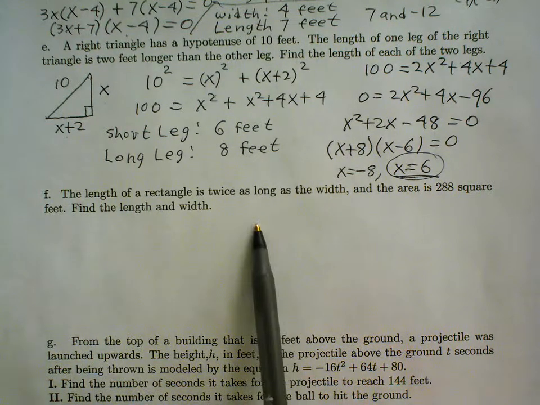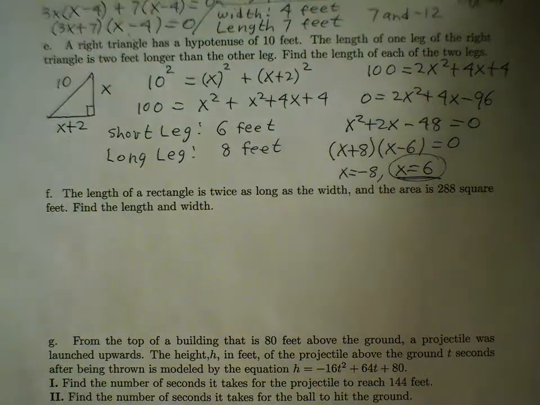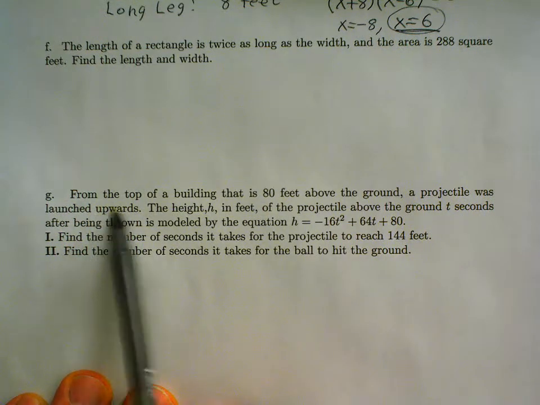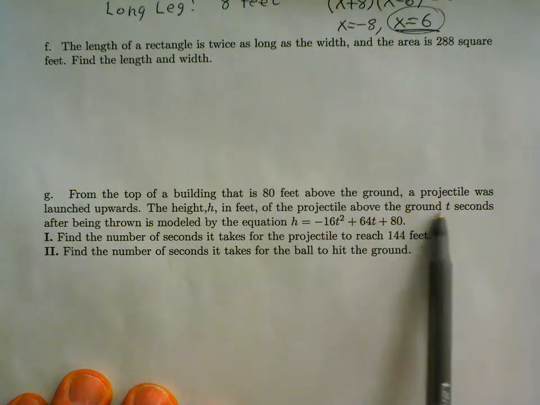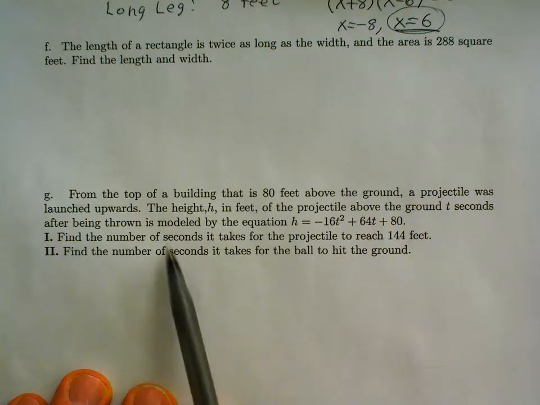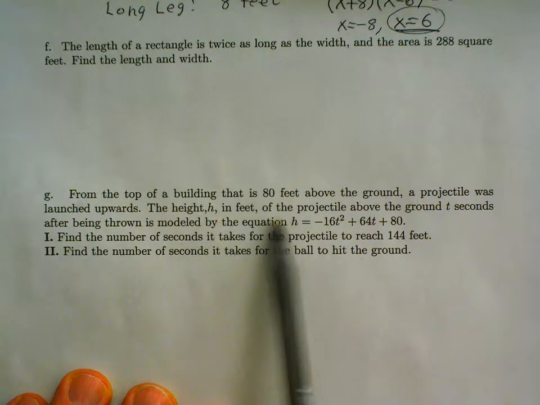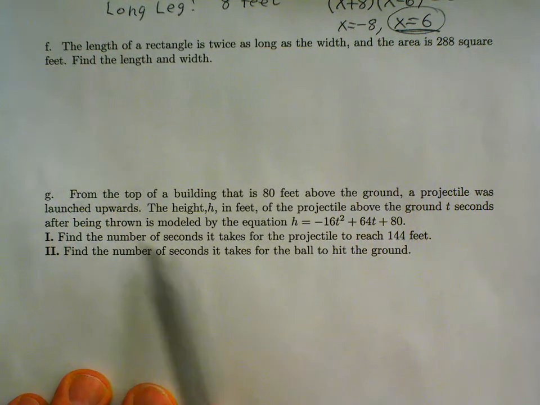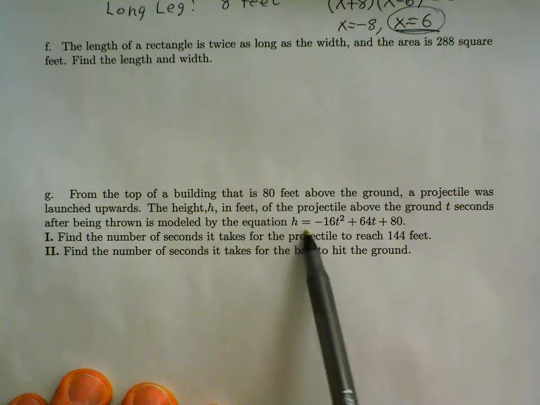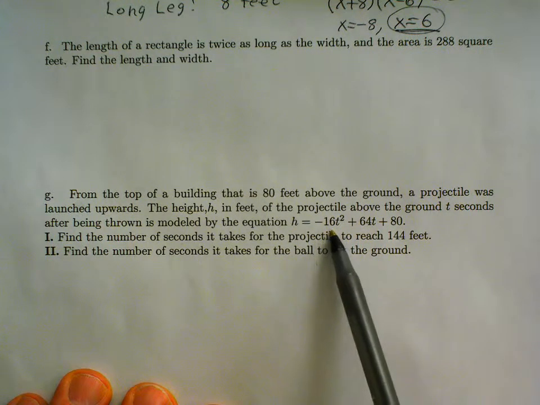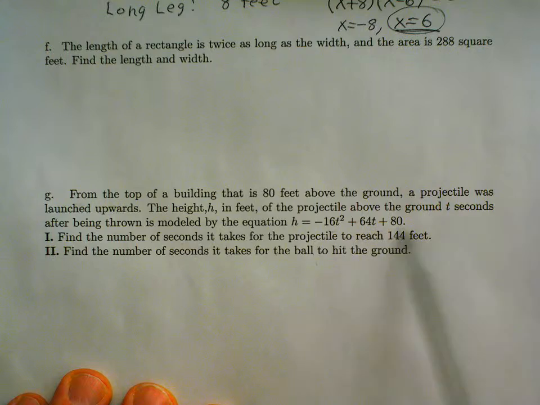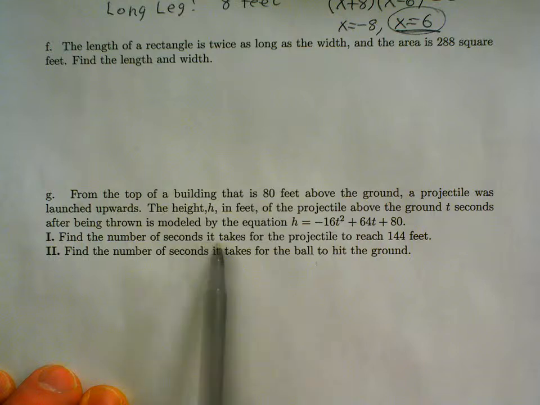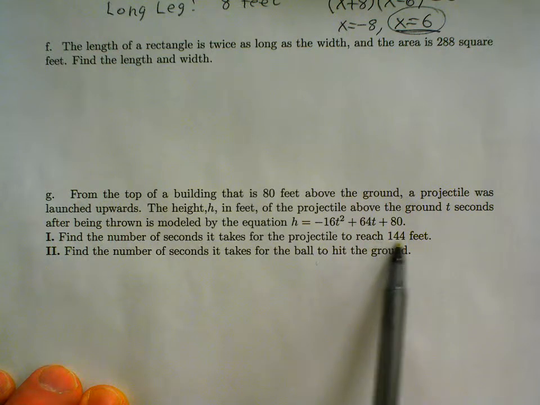It's similar to Part D, but let's take a look at Part G. From the top of a building that is 80 feet above the ground, a projectile was launched upwards, and the height h in feet of the projectile above the ground t seconds after being thrown is modeled by this equation. h equals negative 16 t squared plus 64 t plus 80. So in part 1, find the number of seconds it takes for the projectile to reach 144 feet.